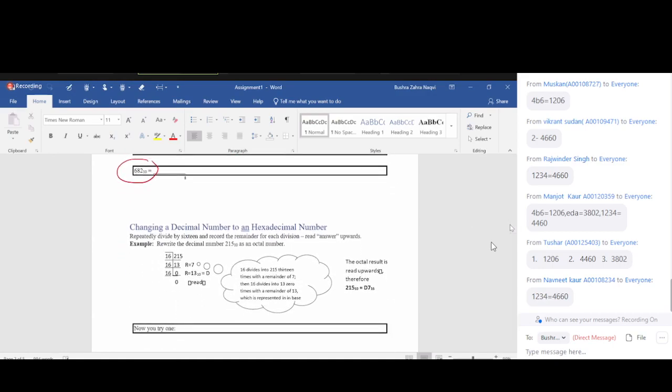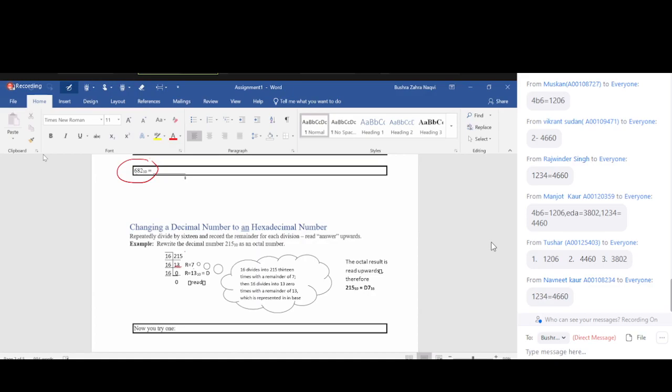Now, what if I have to convert decimal 215 into base 16? This time you're going to divide it by 16 again and again until you get a quotient which is less than 16 or 0.